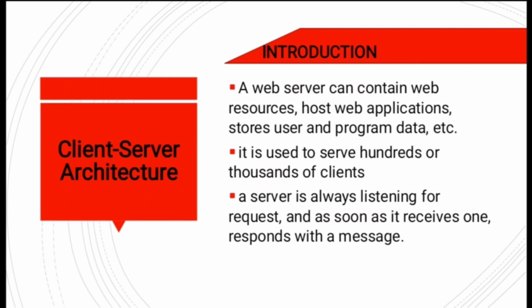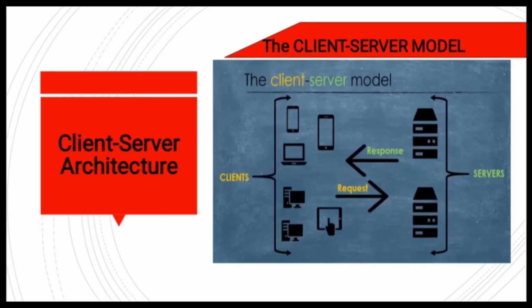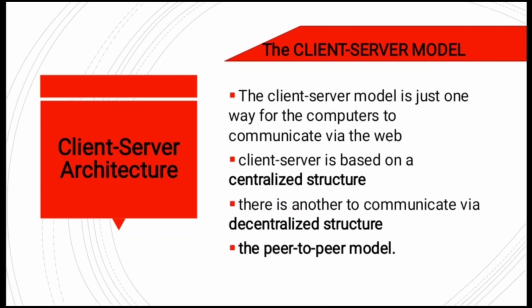A server is always listening for a request, and as soon as it receives one, it responds with a message. So this is the client-server model. The client-server model is just one way for computers to communicate via the web. Client-server is based on a centralized structure.